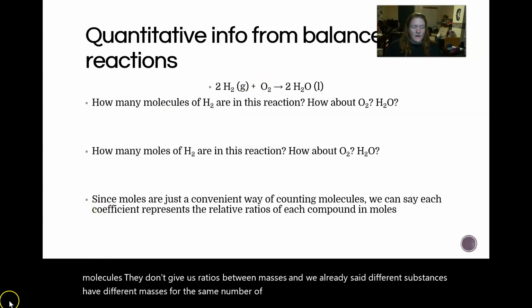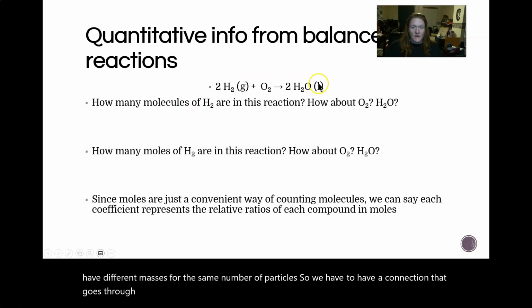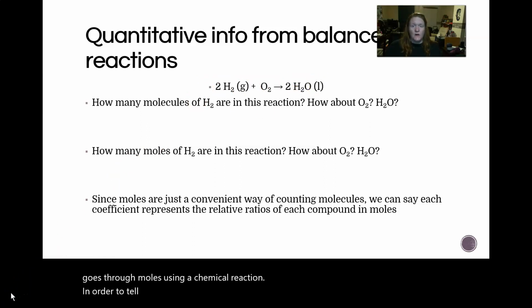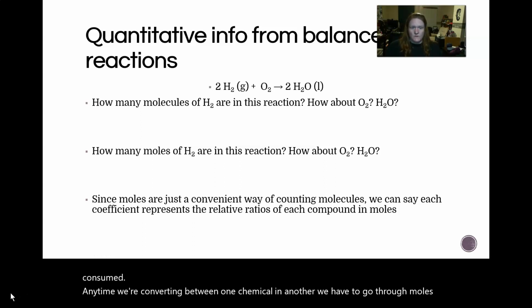So we have to have a connection that goes through moles using a chemical reaction in order to tell how much of anything is produced or how much of your other reactant gets consumed. Anytime we're converting between one chemical and another, we have to go through moles. So here's how it works.